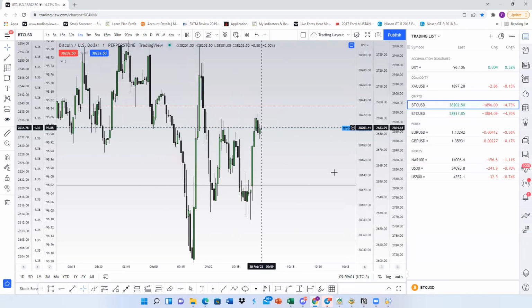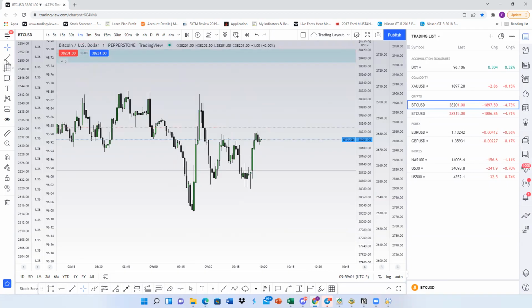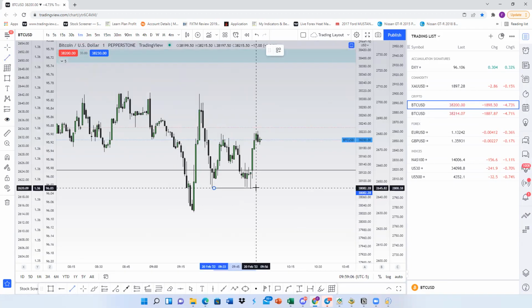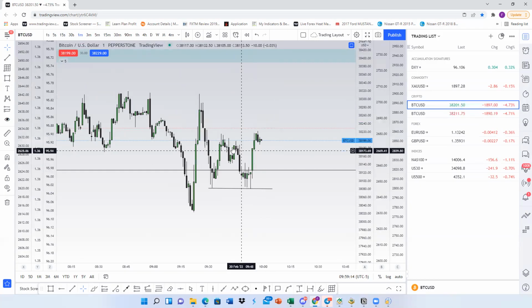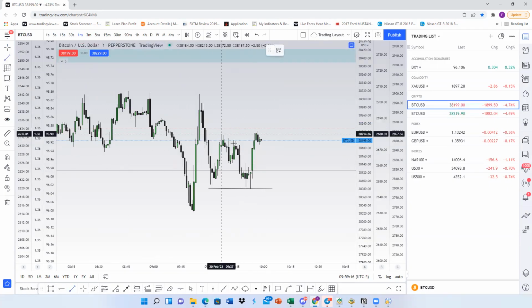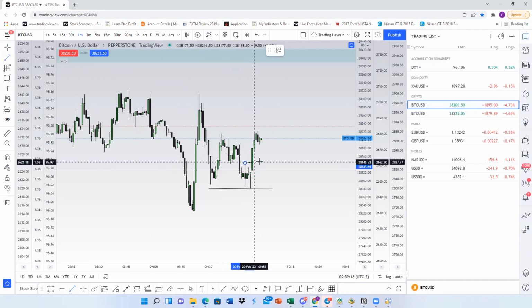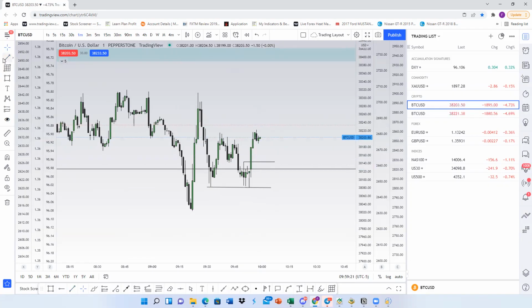Actually, no, look at the way it's moving here. See, this is the problem between Paperstone and Coinbase. Coinbase is more accurate, right? So I'll just go with what Coinbase is saying. Coinbase is saying we need to look at this imbalance, fair value gap, and imbalance.